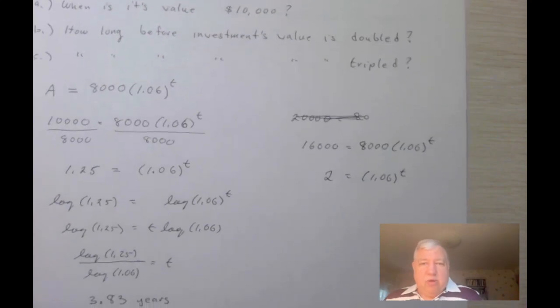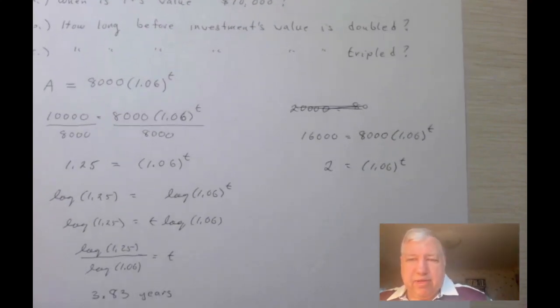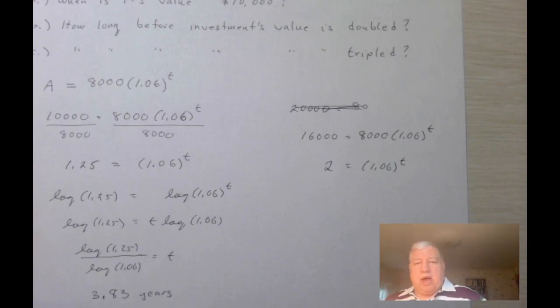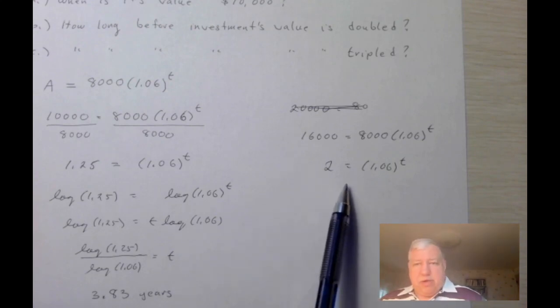Notice that for this particular problem, we don't even need the value of the initial investment. If we just want to know how long it would take to double when you're growing at 6%, whether you invest $1 or $1 million, you'd use this equation.